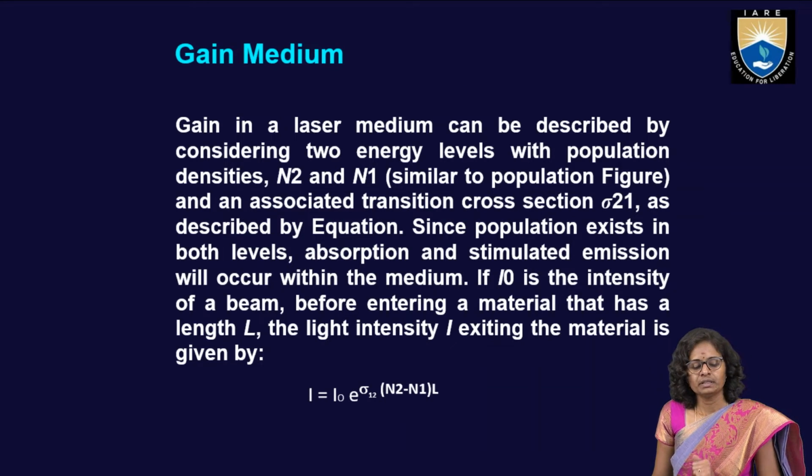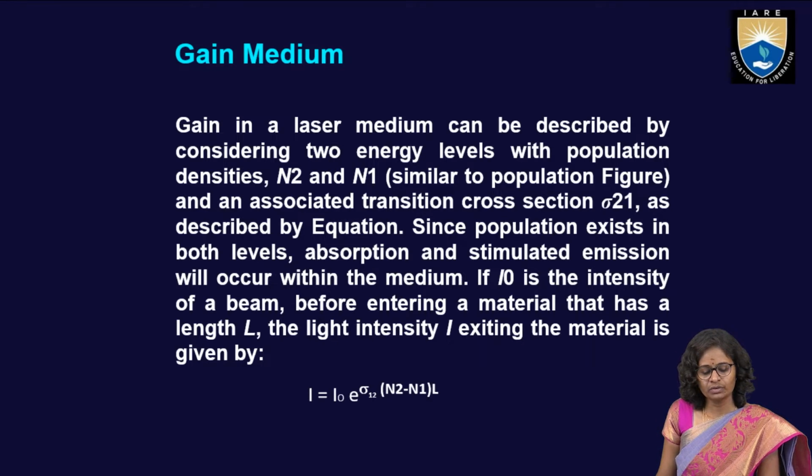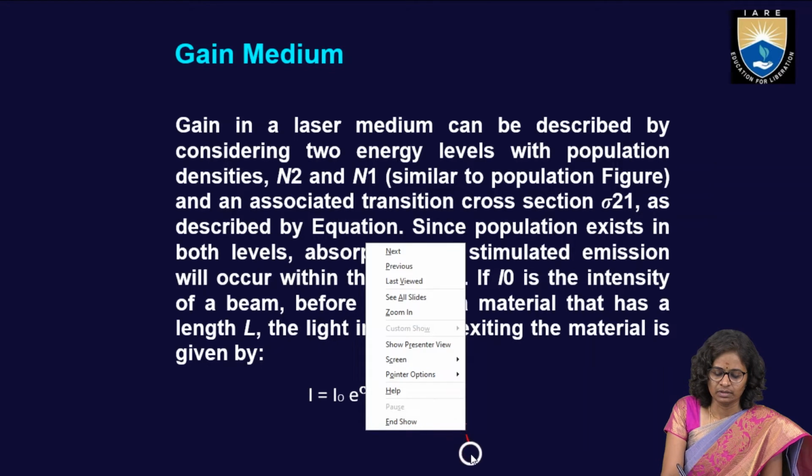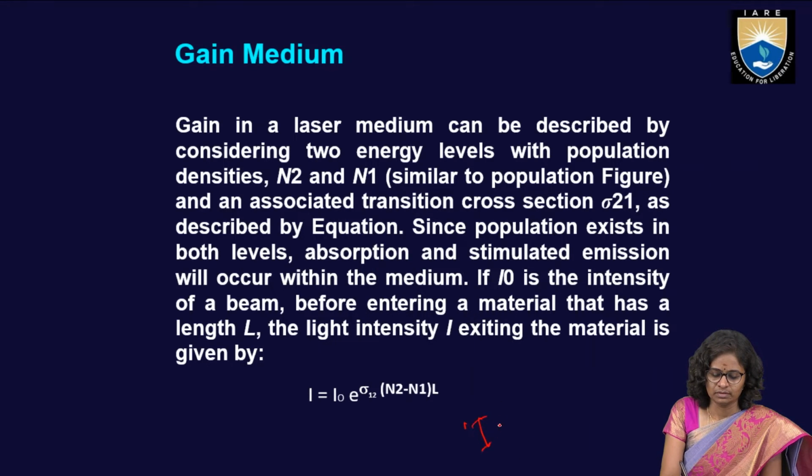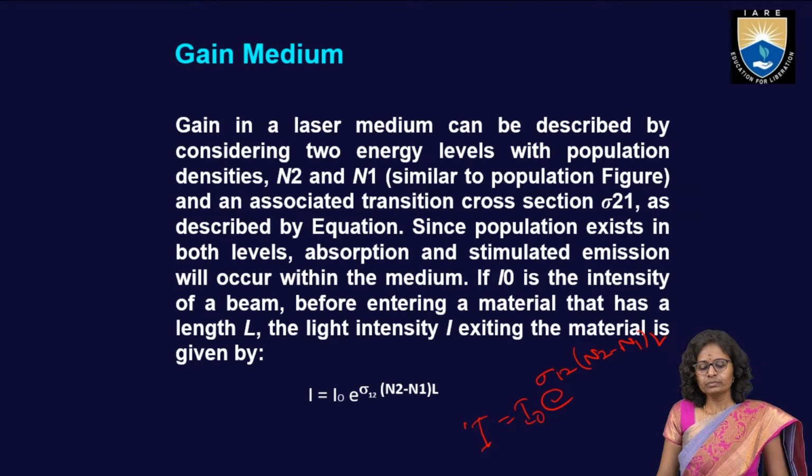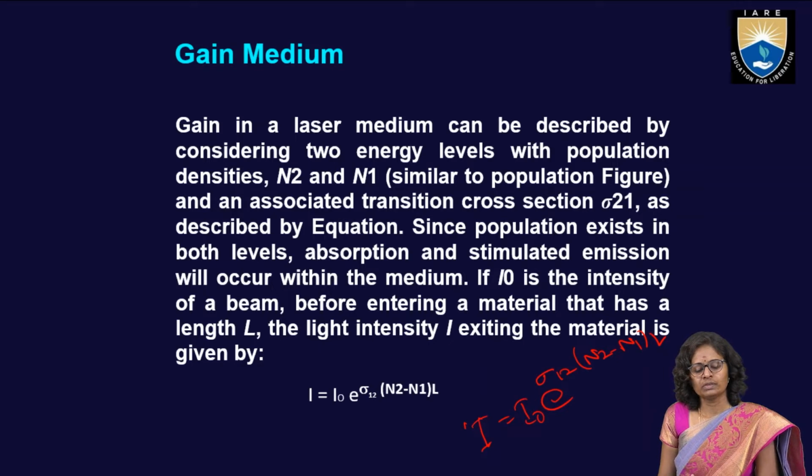Gain medium. Gain in a laser medium can be described by considering two energy levels with population densities N2 and N1, and an associated transition cross section sigma 12, as described by the equation I equals I naught e to the power sigma 12 times (N2 minus N1) times L. Since population exists in both levels, absorption and stimulated emission will occur within the medium.